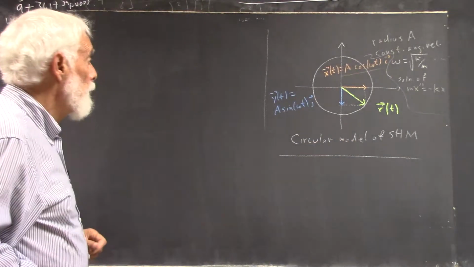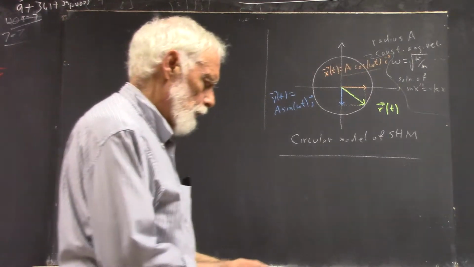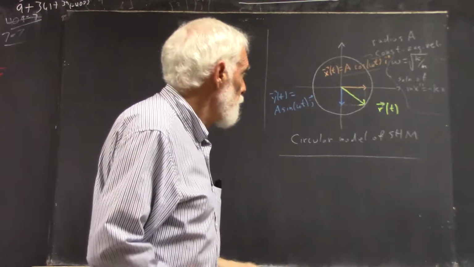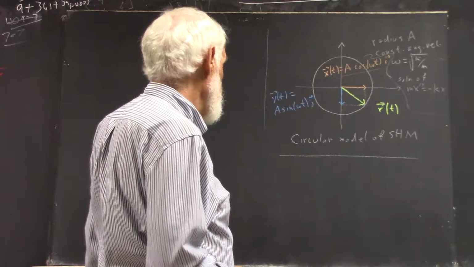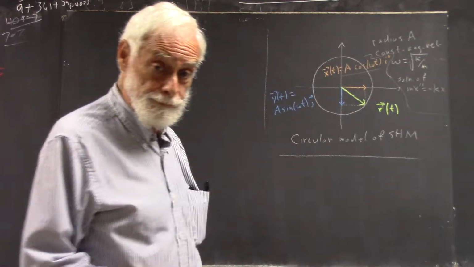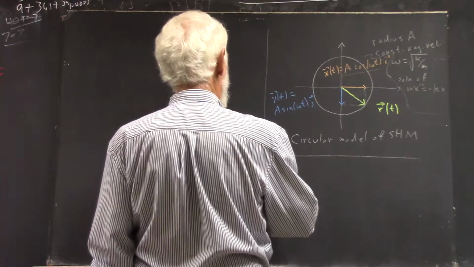Okay, and we haven't characterized that completely, but we do need to know something about circular motion in order to do that. And that's the next thing I want to look at.